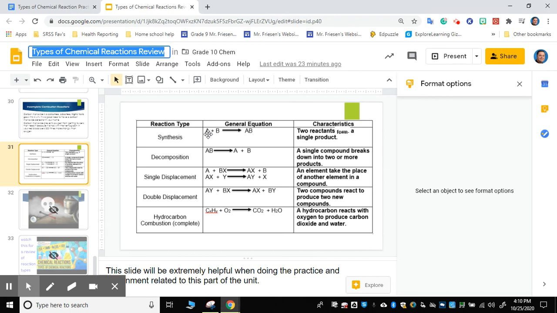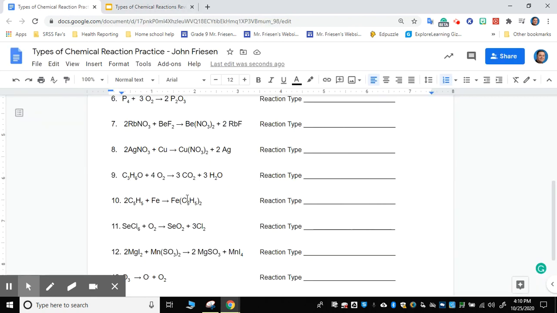Remember, you can have a compound and an element together, but as long as they make a single product on the other side, it is a synthesis reaction. So this right here is a synthesis reaction.